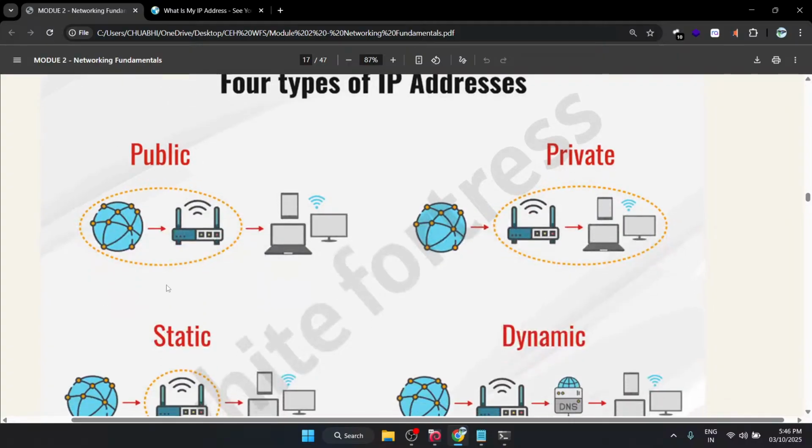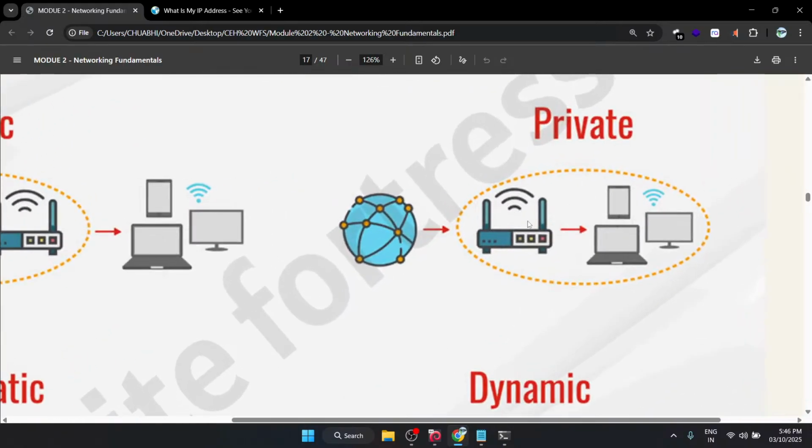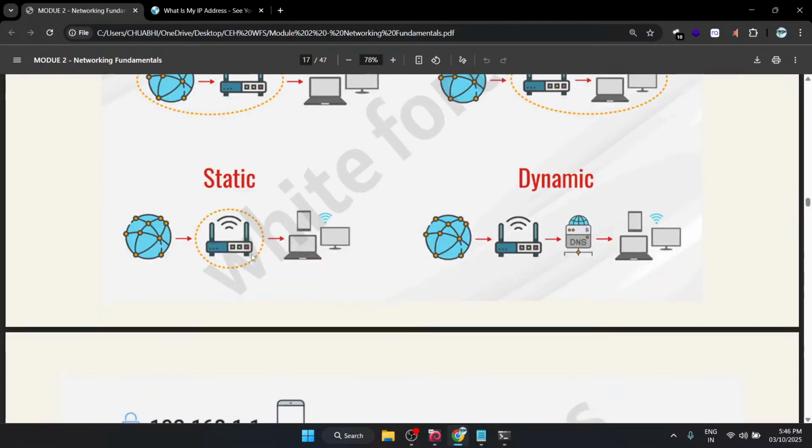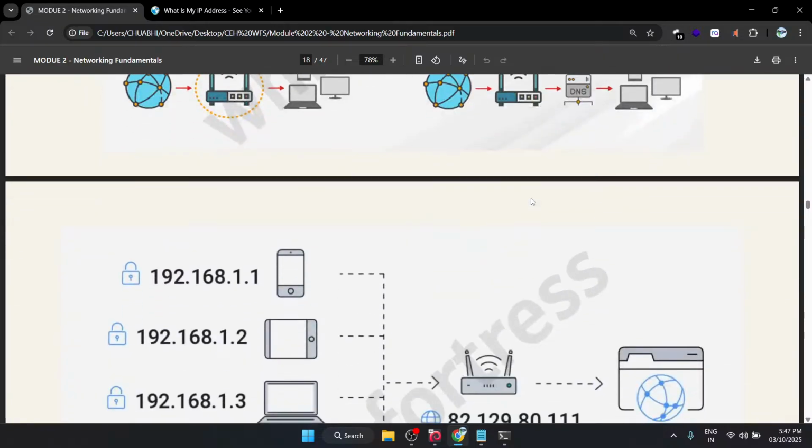So, public IPs are the IPs that connect you to the internet. Private IPs are the IPs given by your router to your system. Static IP is the IP that is static, meaning it cannot be changed. Dynamic IP means it can change. Time to time, it can definitely change.